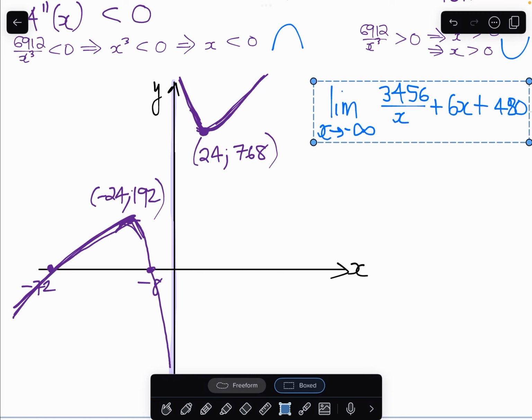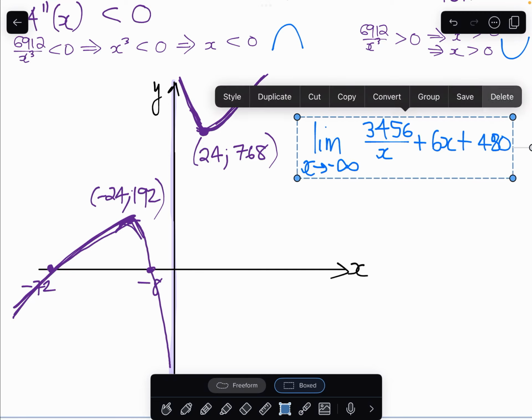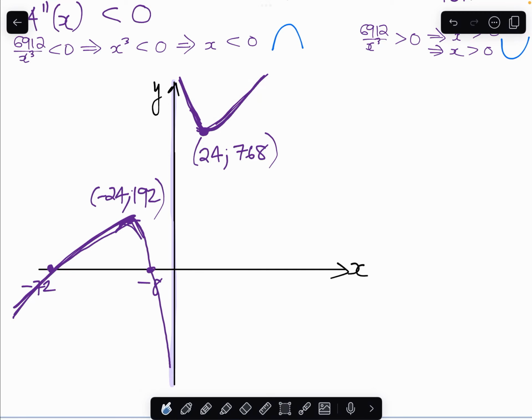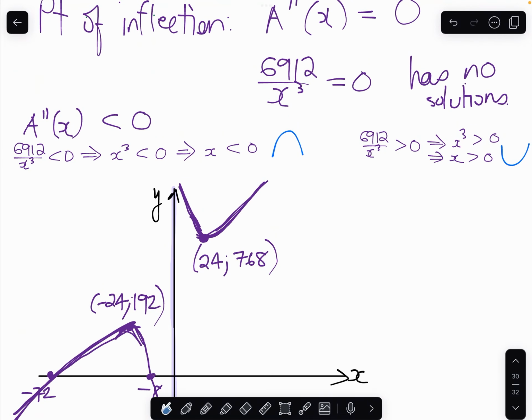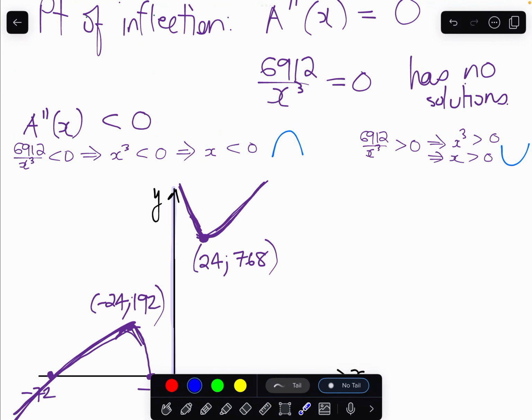So yeah, those are just some quick checks that we could do to verify that our function is in fact behaving as expected.